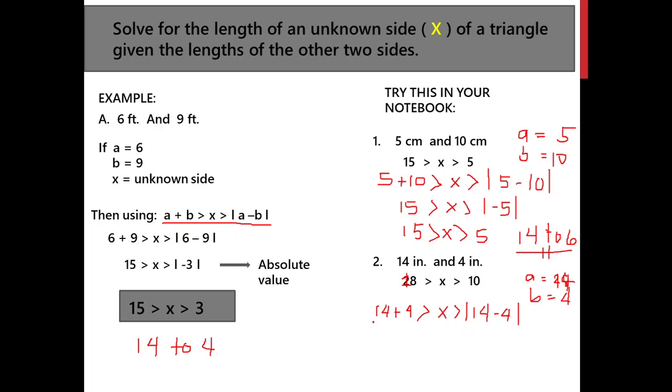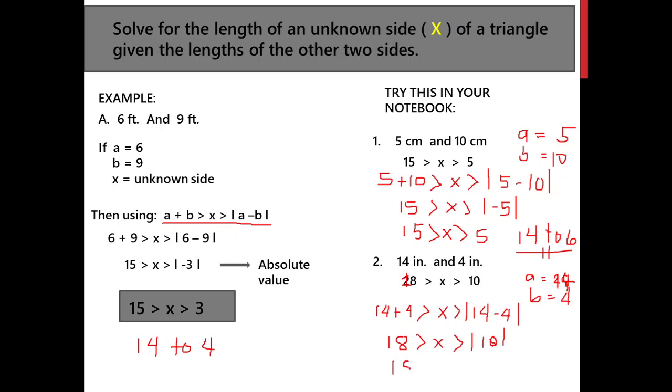There. So 14 plus 4, this is 18. That should be greater than the third side, and your third side is greater than the absolute value of 14 minus 4, that is 10. And the absolute value of 10 is 10.